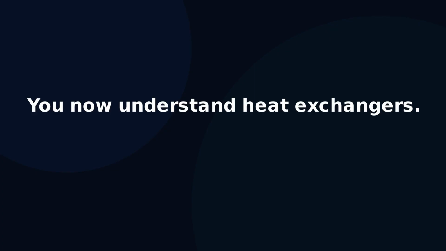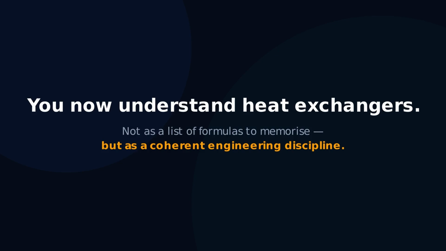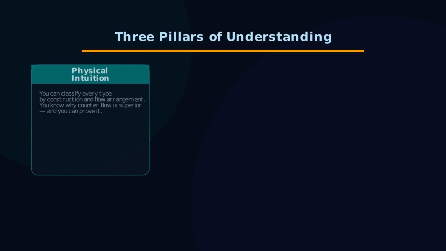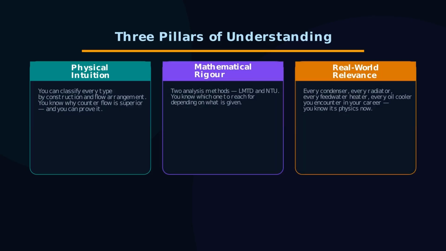You now understand heat exchangers, not as a list of formulas to memorize, but as a coherent engineering discipline with physical intuition, mathematical rigor, and real-world relevance. You can classify every type by construction and flow arrangement. You know why counterflow is superior, and you can prove it with the LMTD comparison.